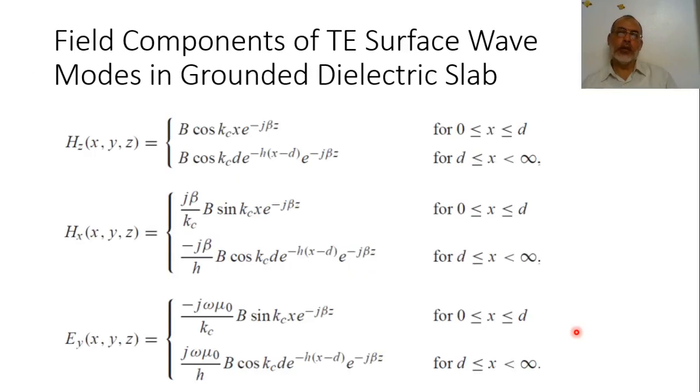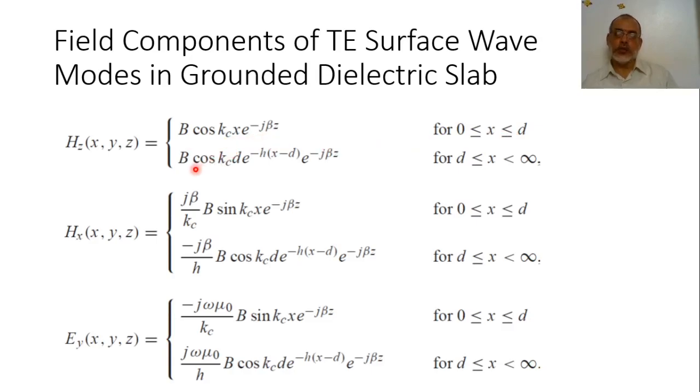As an example, before the example, the field components now for the transverse electric surface wave modes can be represented completely in terms of the coefficient b. So in this case, for x greater than 0 and less than d, it is b cosine kcx e to the power minus j beta z.